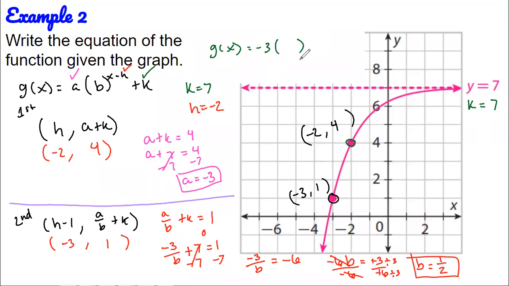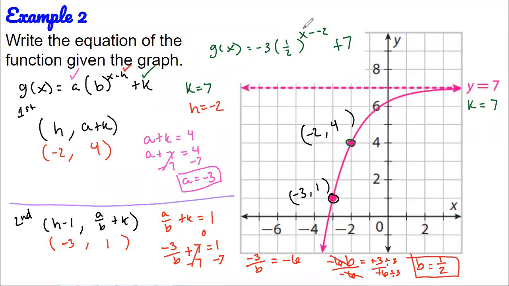Inside parentheses, what is my beautiful B? 1/2. And then X minus H, what's my H? -2. Now, this is minus -2, and then plus K. Where's my K? 7, so we plus 7.